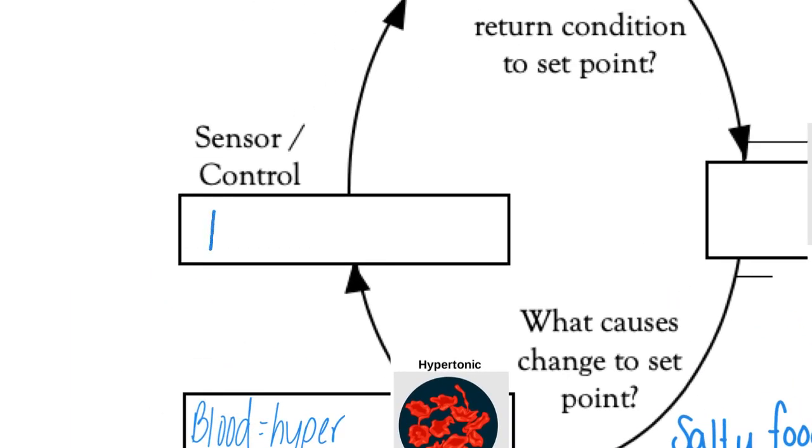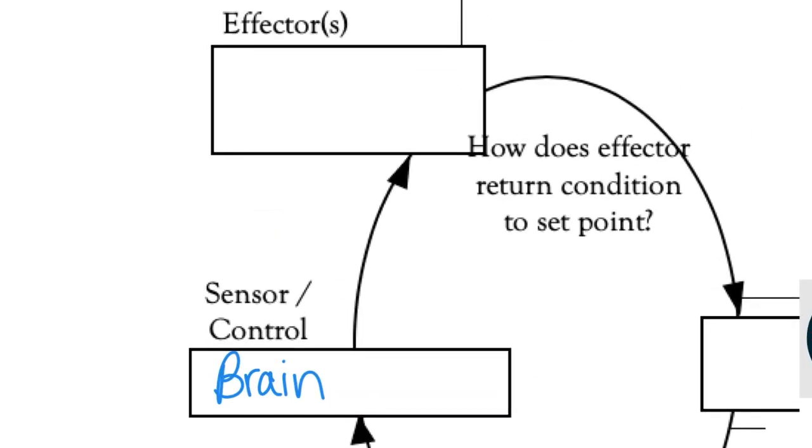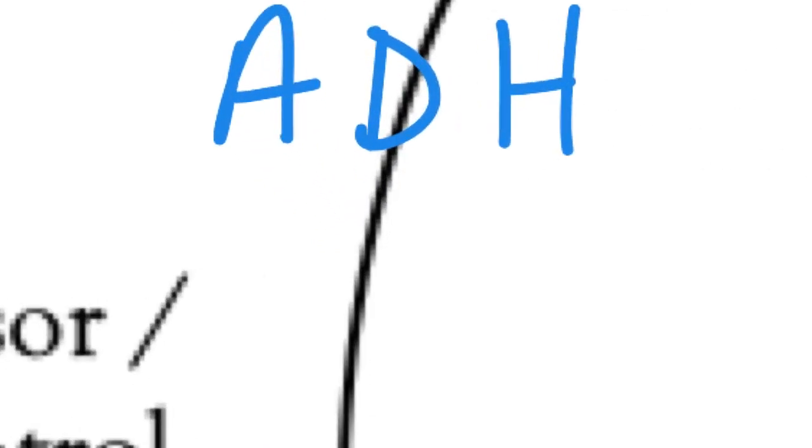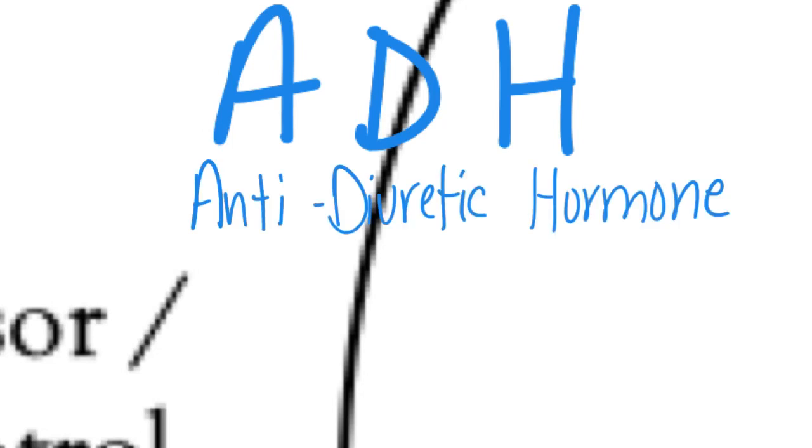And in this case, that is going to be sensed by the brain. The brain is going to send signals to the kidney, and the signal that they send is a hormone. So we're back to thinking about the endocrine system, called antidiuretic hormone. Antidiuretic hormone literally means the no pee hormone, because a diuretic is anything that causes you to urinate. And so antidiuretic is something that tells you not to urinate.